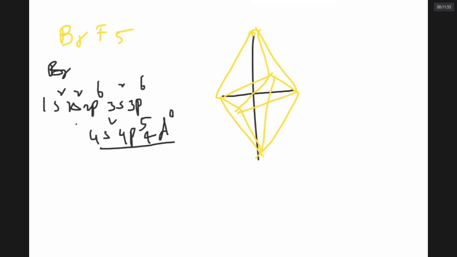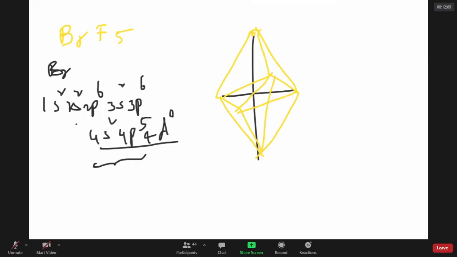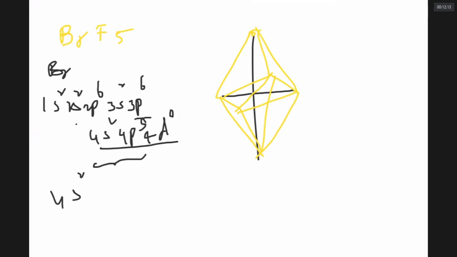So your bromine makes sp3d2 hybrid orbitals. Out of 6 hybrid orbitals, it has how many electrons in the valence level? 7. It is 4s2, 4p5. It has 7 electrons.